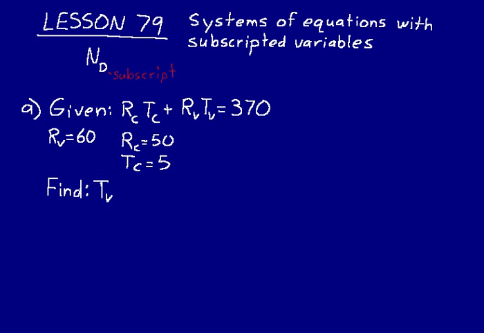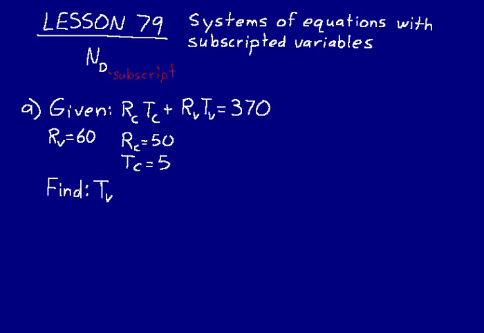Look at this equation. You've been given the relationship RCTC plus RVTV equals 370. You've been given that RV equals 60, RC equals 50, and TC equals 5. What they want you to find is T subscript V. Let's think about this for a second.